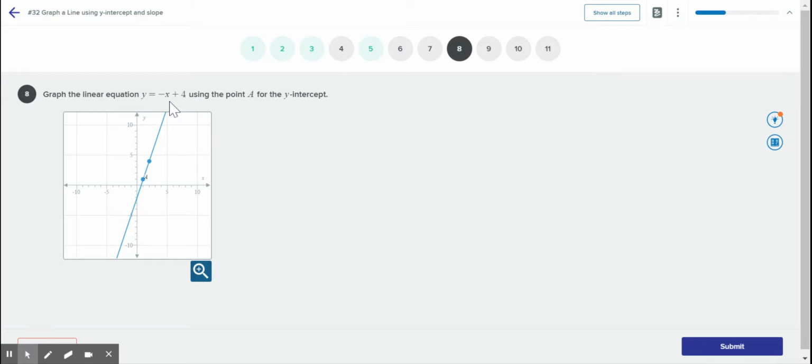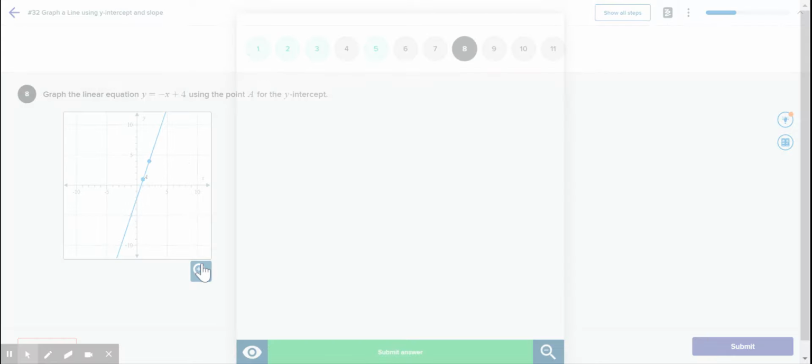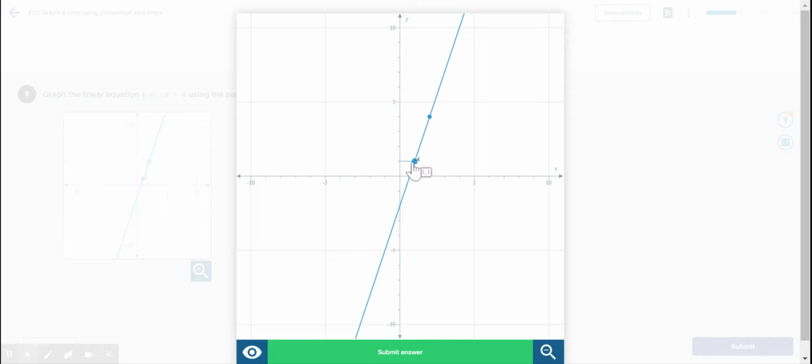Okay, the number with the x is the slope. If there's no number, we have to put in a 1. So the slope is going to be -1. And our y-intercept is 4. So let's go ahead and do this one. The first point is going to be my y-intercept at 4. 1, 2, 3, 4.